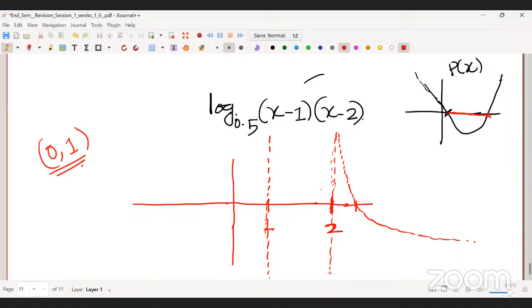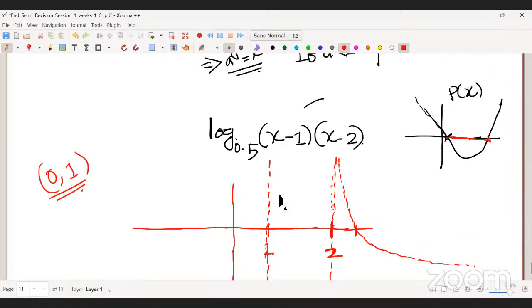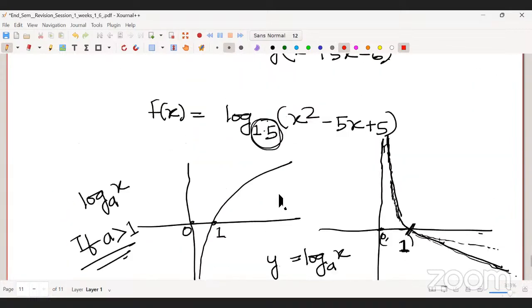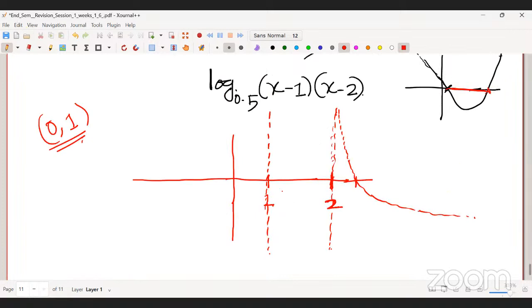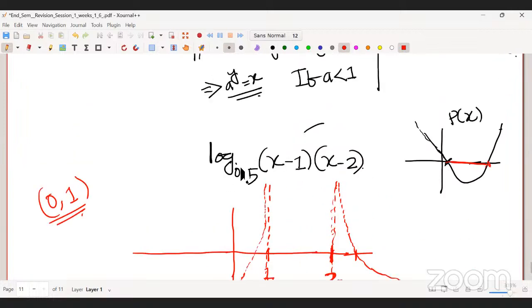So what will happen here again? It would be the replica of the curve that you have drawn on the right side. Again, as I said, it depends on the base, but there is not much difference.